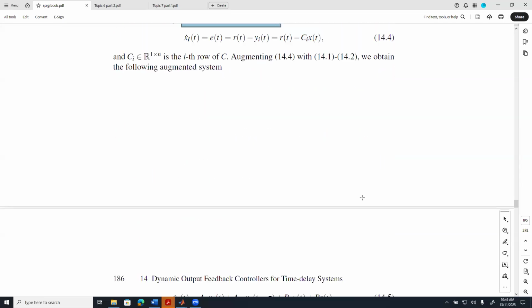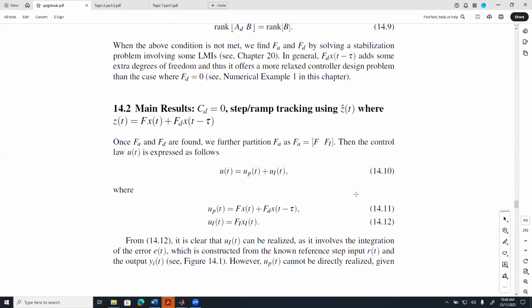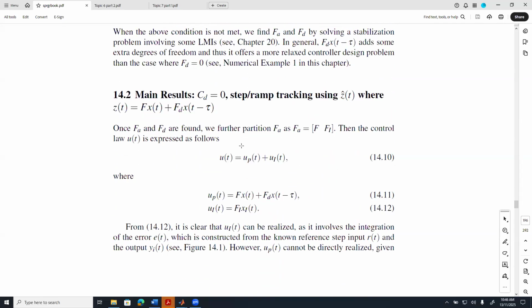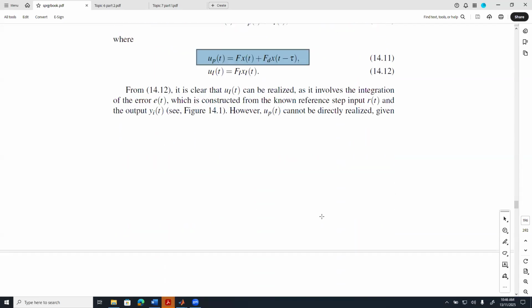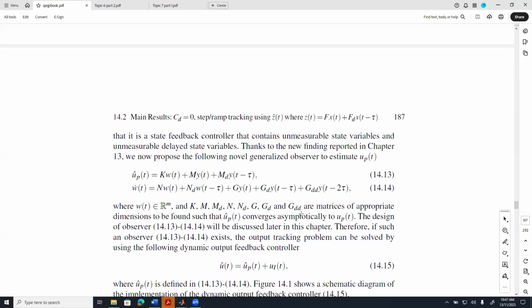Okay. So the idea here is we split that into two bits, and then what we do is we realize this control law, because this is not directly measurable. And that's why we use the generalized functional observers to estimate that directly. So that's the idea behind that. That's the good thing about it. And so what we do in here is we introduce a novel generalized functional observer to estimate that.